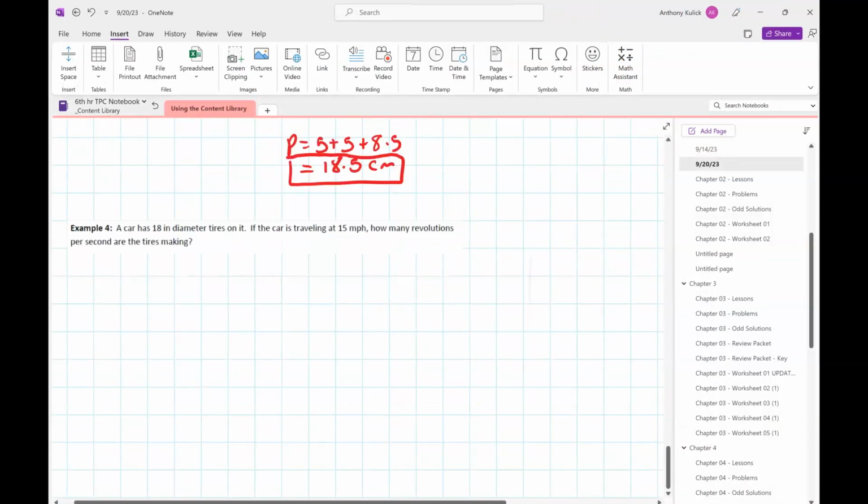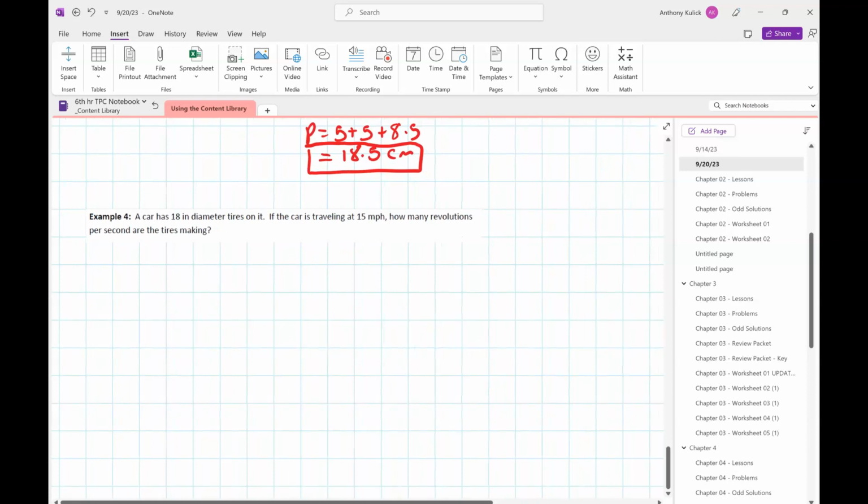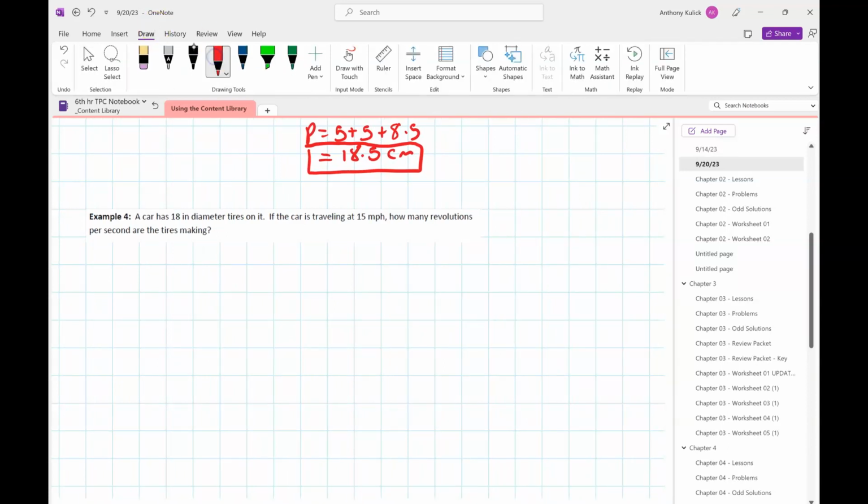Last one here. So this says a car has 18-inch diameter tires on it. If the car is traveling 15 miles per hour, how many revolutions per second are the tires making? So we need to go from miles per hour to revolutions per second.